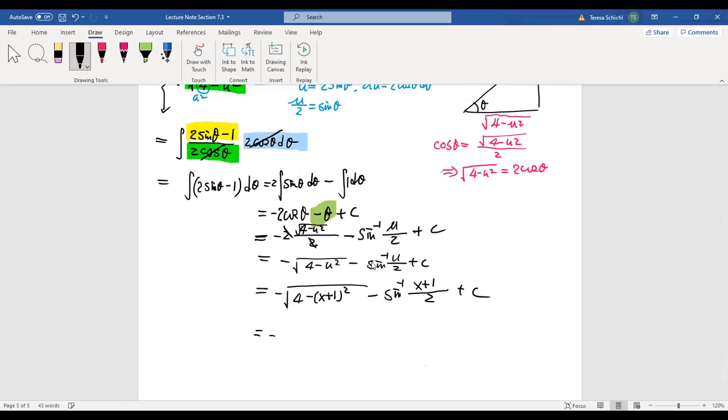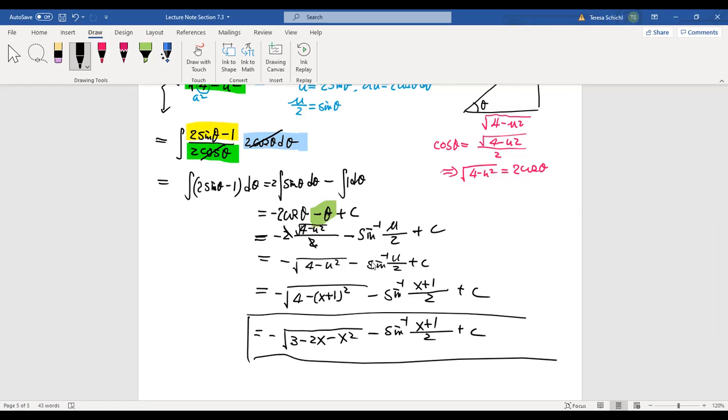Now you FOIL this out and it will give you the same thing. So this will be the square root of 3 minus 2x minus x squared, minus inverse sine of (x plus 1) over 2 plus c. This will be our final answer.